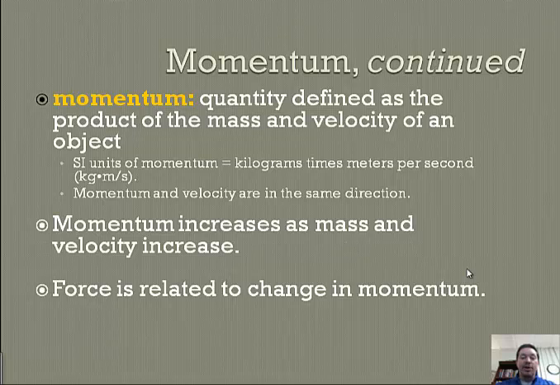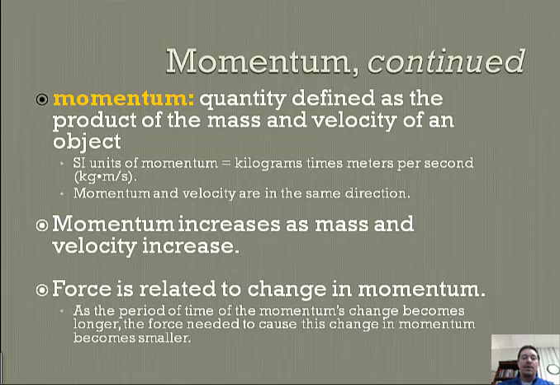But in order to be equal, the velocity of the less massive object would obviously have to be quite a bit larger. And as the period of time of the momentum's change becomes longer, the force needed to cause this change in momentum will become smaller.